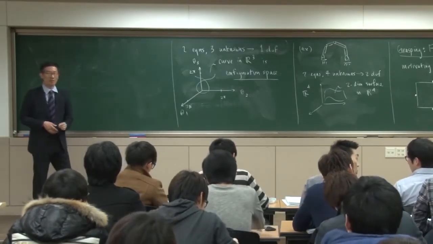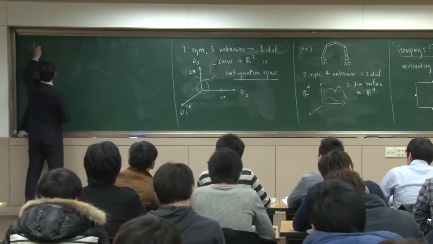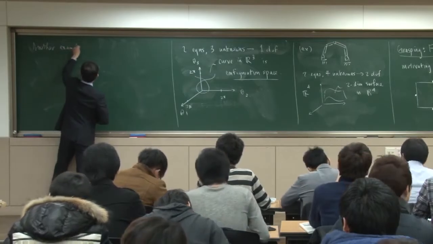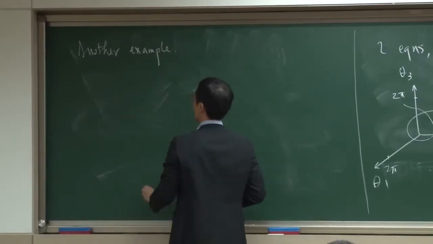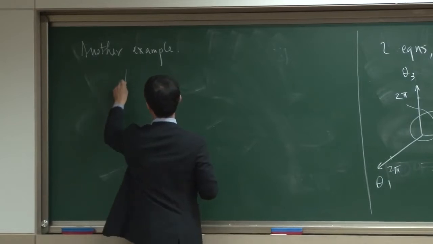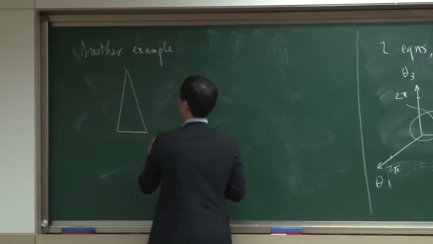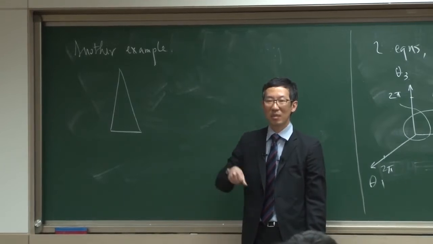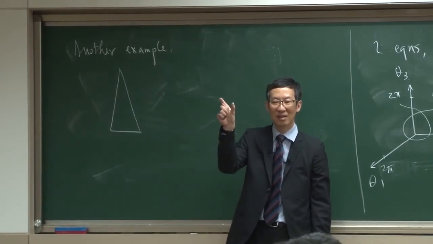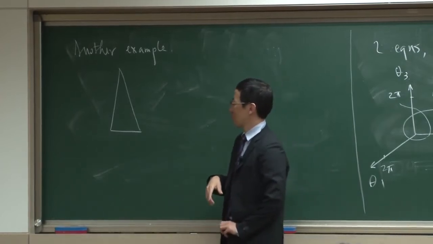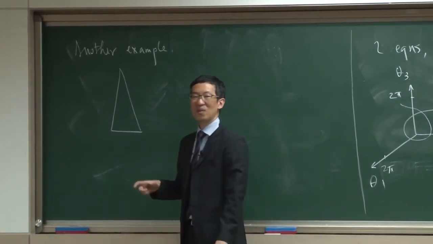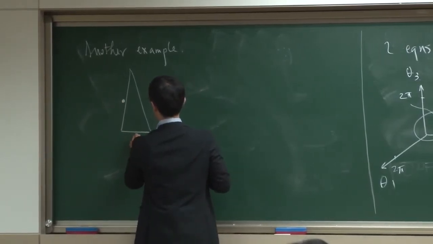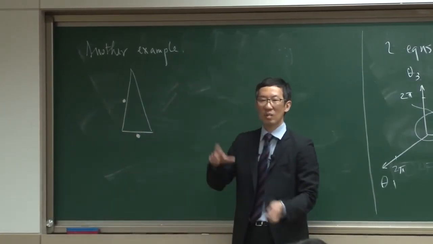Here's another example. Suppose I have some triangular object, and this time I'm going to use my fingers to grasp this object. In the first case, I put my finger, say, here. My fingers have friction.